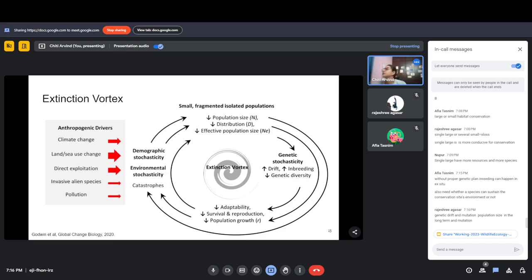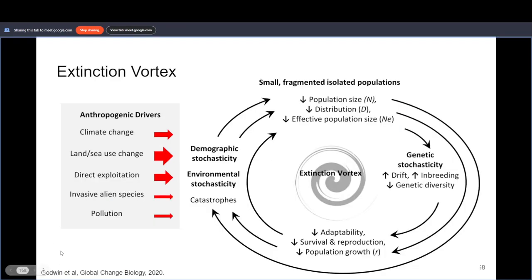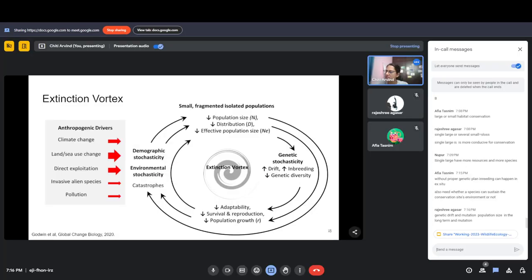So let's go to this figure and let me bring up a pointer. So here you have demographic stochasticity and environmental stochasticity. What does this mean? Any idea?